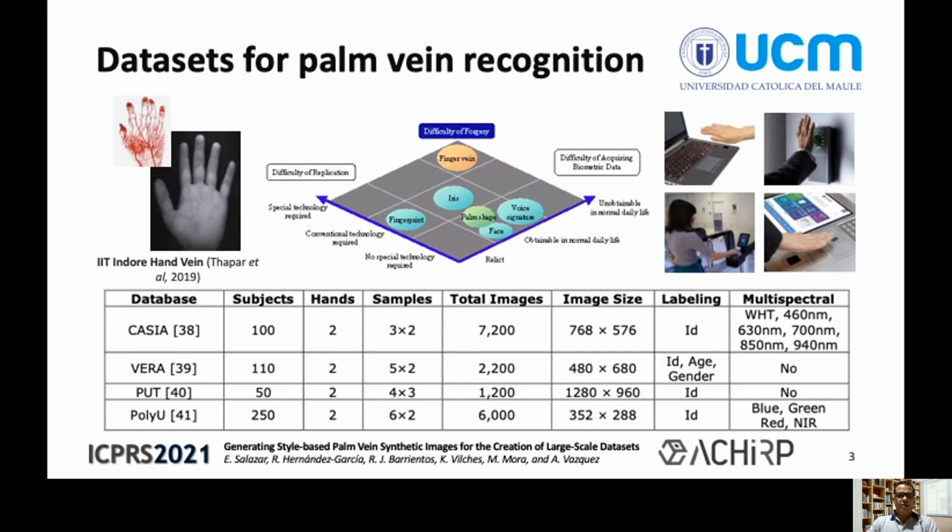Most of the proposed research uses publicly available databases for the validation of its techniques. In spite of that, as we can see in the table, the available datasets are very limited and have a small number of subjects, which limits the ability to conduct scalability tests on large-scale databases, simulating real-world applications of massive identification.